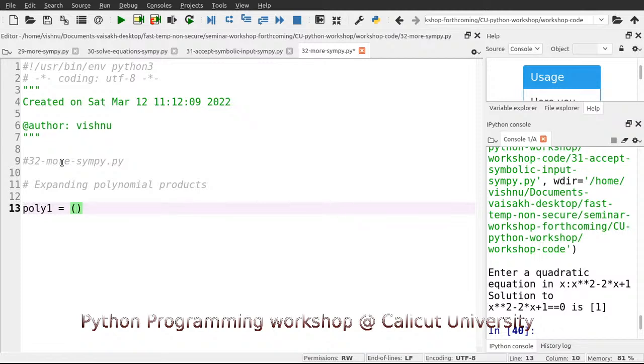equal to, we need to import symbols first. X and Y are symbols.